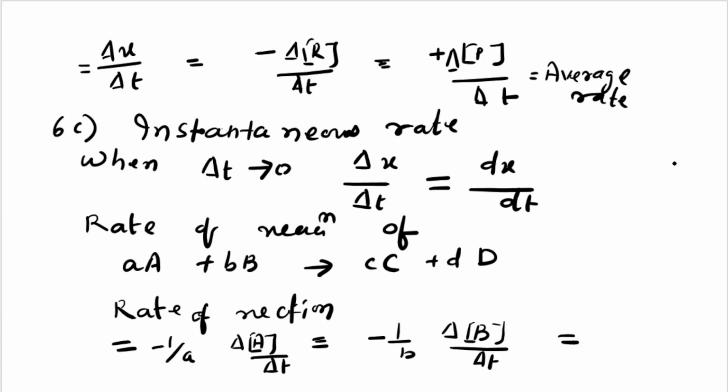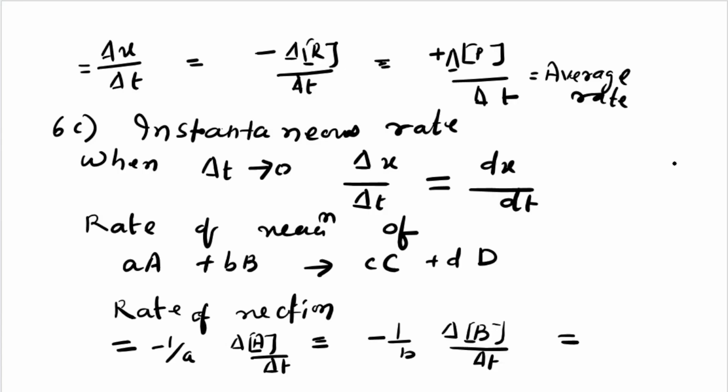Now this is called the average rate; when you say instantaneous rate, instantaneous means when delta t tends to 0. Then del x by del t changes to dx by dt. This is the mathematical approach.